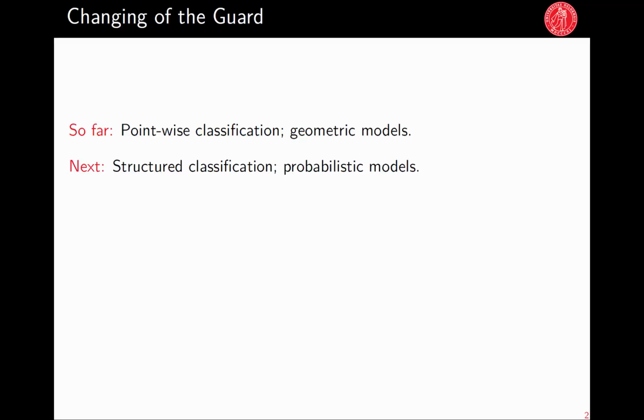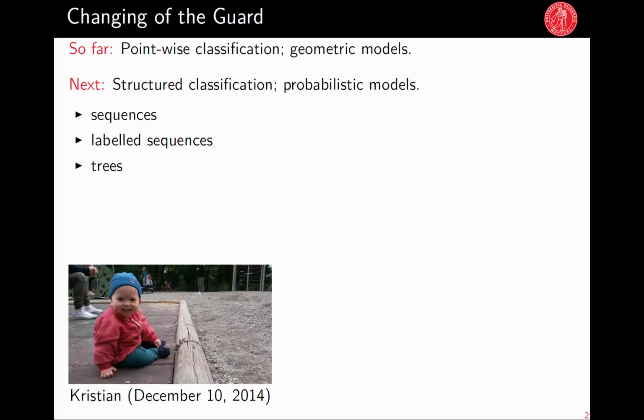I'll probably start with the first application of probabilistic approaches to structured classification. So, changing of the guard. The structures that we'll consider will be sequences initially, then sequences where each element in the sequence has some category, a label, and then trees, hierarchically structured objects.